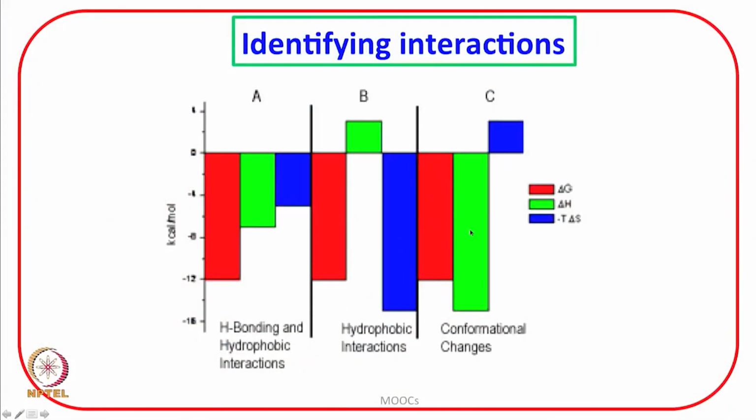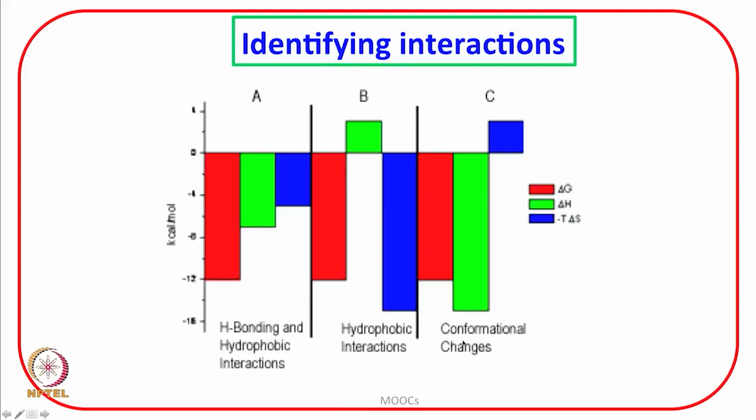Now, let us take a look at the last panel, where delta G is negative, delta H is negative, but delta S is also negative. Minus T delta S is positive means delta S is negative. These trends are representative of conformational changes.